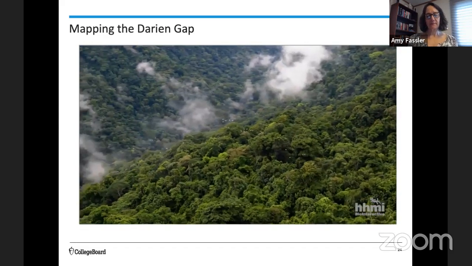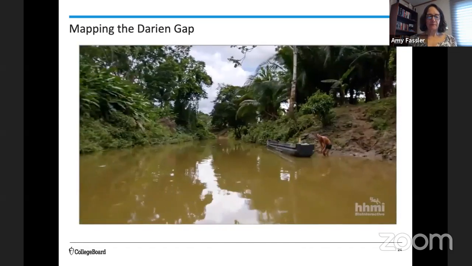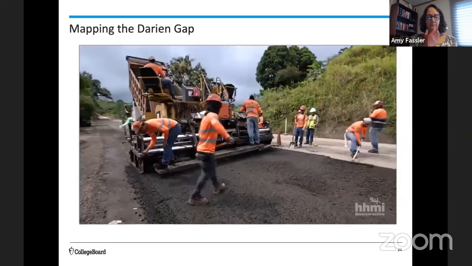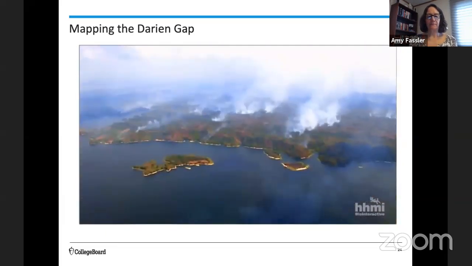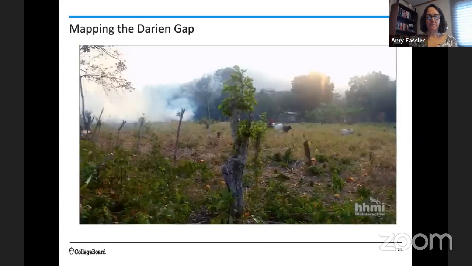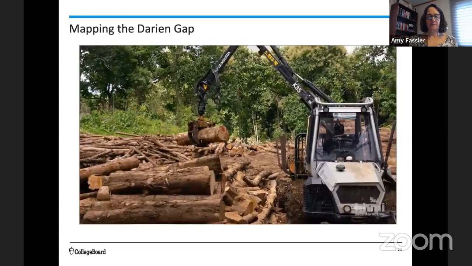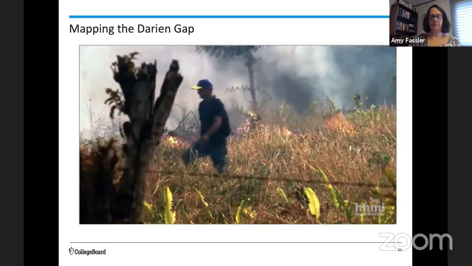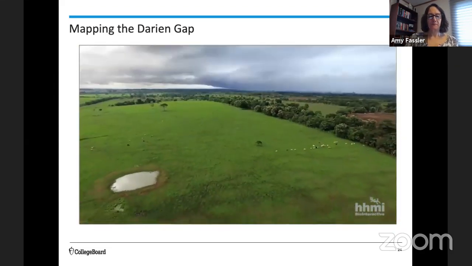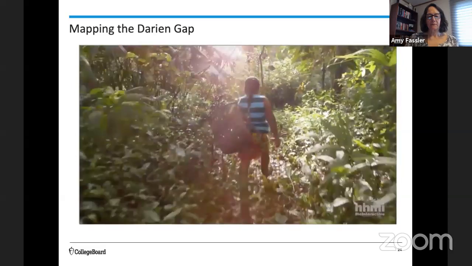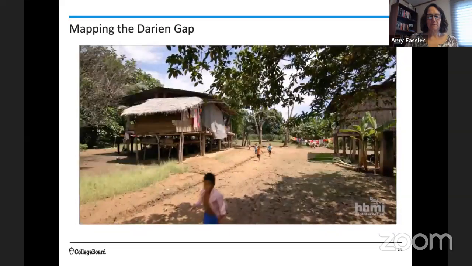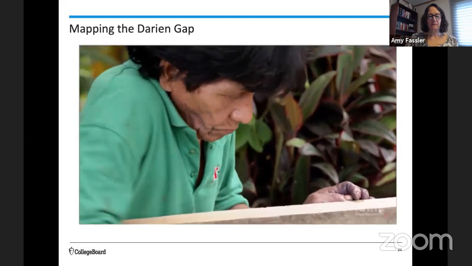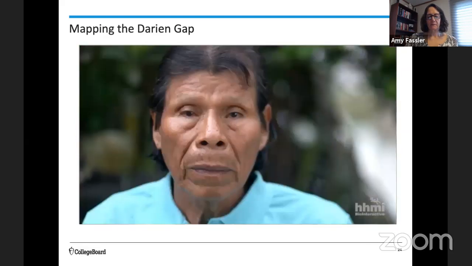Throughout history, Darien's rough terrain has shielded it from the outside world. But today, as tendrils of development spread from the road, pressures mount, from illegal loggers to migrant ranchers that are pushing deeper into the gap, slashing and burning to create pasture land. This threatened forest is home to wildlife and indigenous people who have lived here for thousands of years.